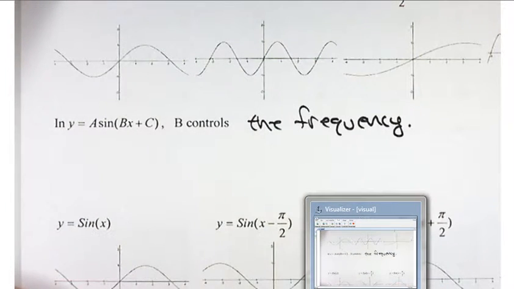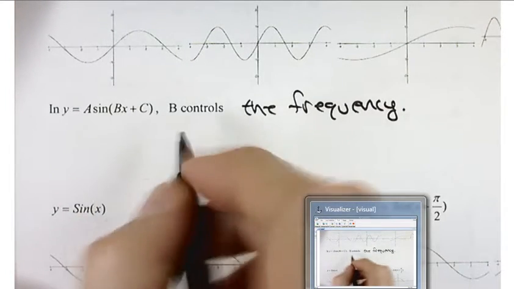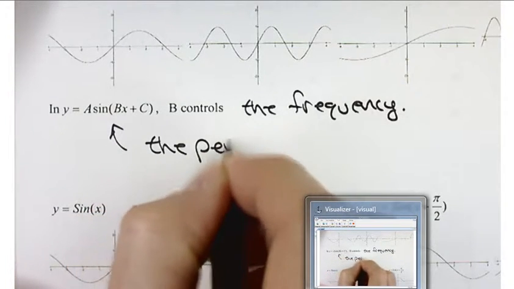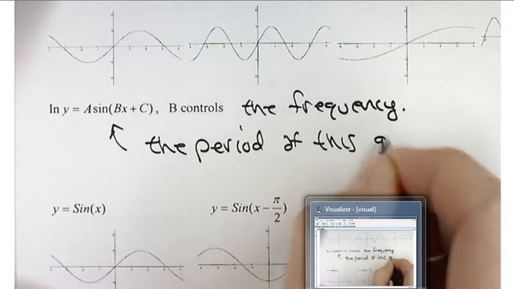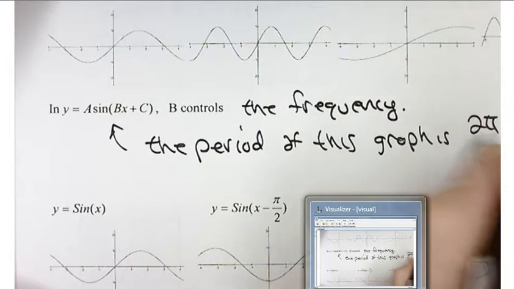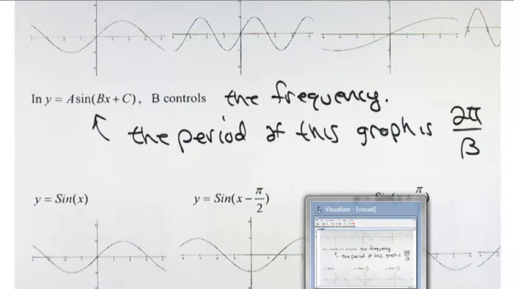The period, how long it takes for the graph to repeat itself in our new function, is going to be this. The period of this graph is 2 pi divided by b. So that divides the period.